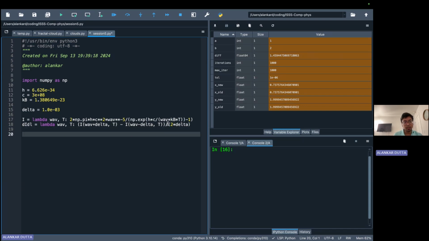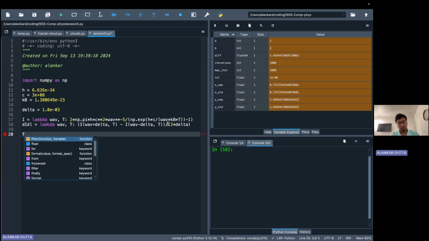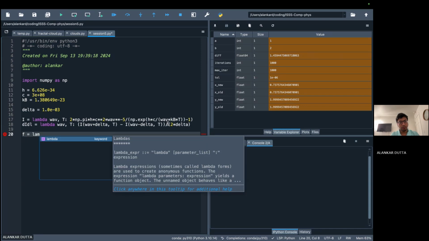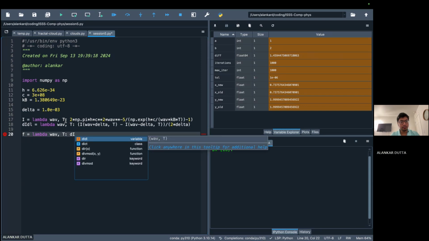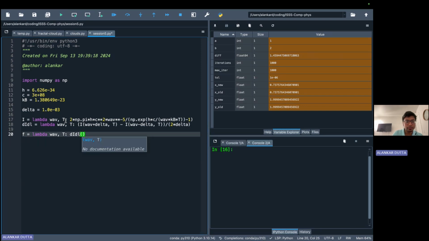Okay, so we want to find a function where dI/dλ equals 0. So the function f is again a function of wave and some temperature T, such that we have dI/dλ(wave, T), and we want this to be equal to 0.